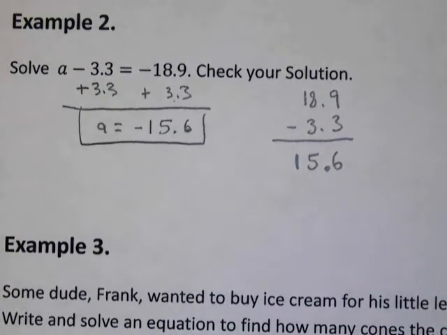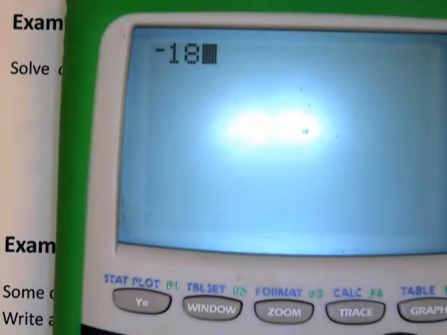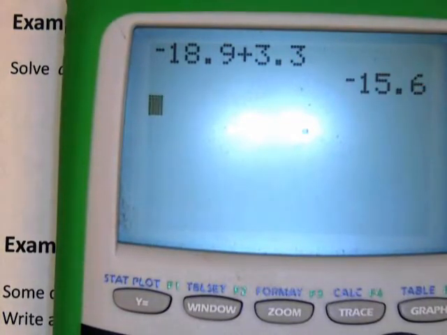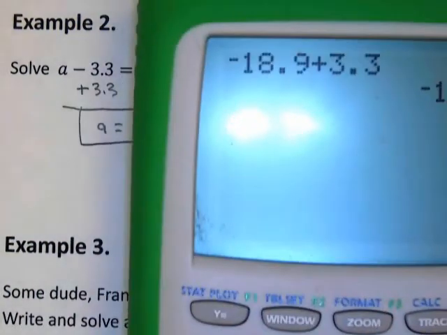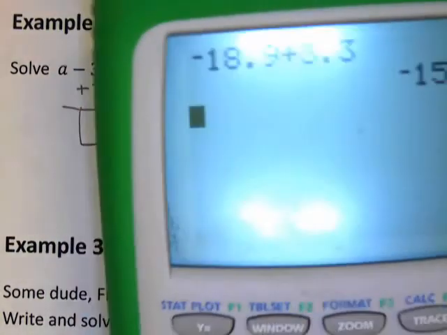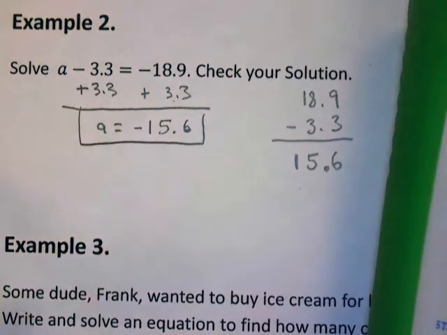Now, one thing that you can do to check your work and make sure that you're right is call up your friend again and say, okay, I want to know what is negative 18.9 plus 3.3, and you get negative 15.6. Hey, that's what I got too. And then, guess what else you can do, is plug negative 15.6 back into your problem for a and make sure that that works out.